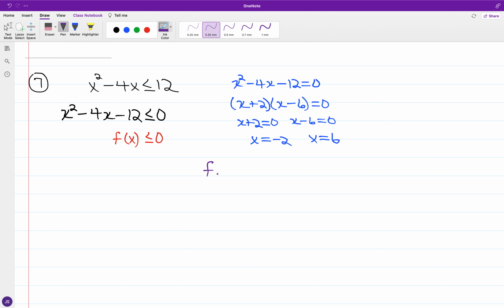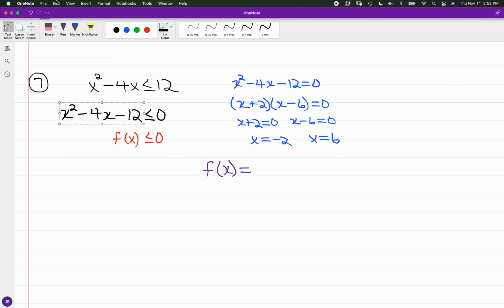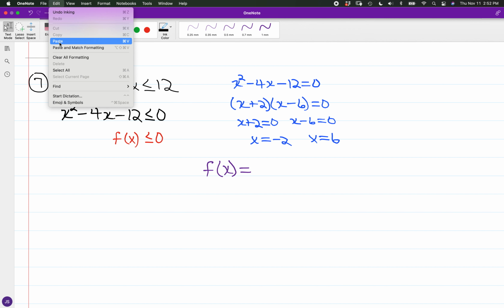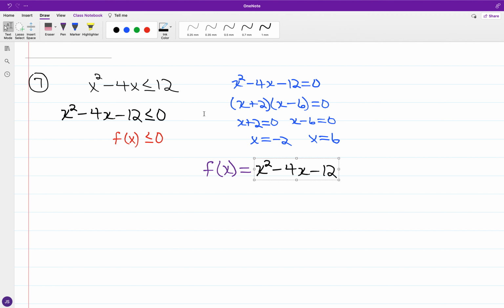So just in terms of what we have in the setup, you have f of x equal to x squared minus 4x minus 12, and the zeros of this function again are at negative 2 and 6.